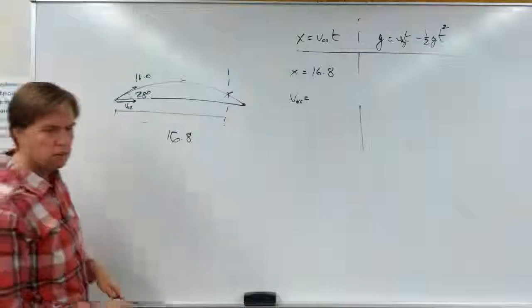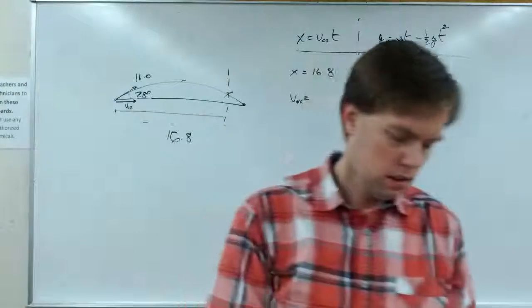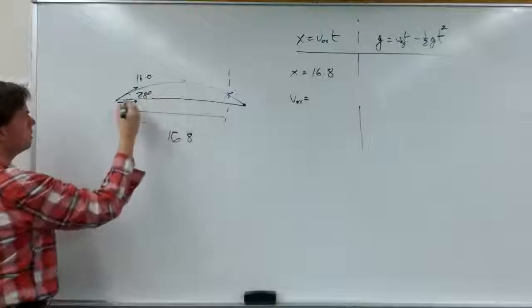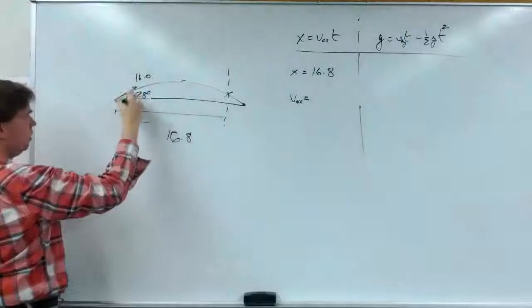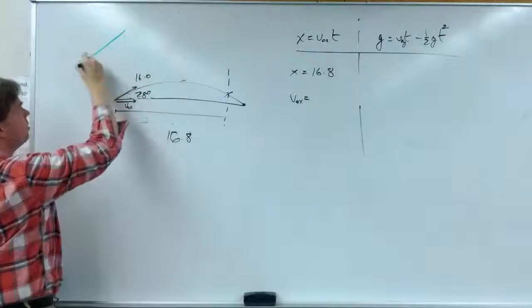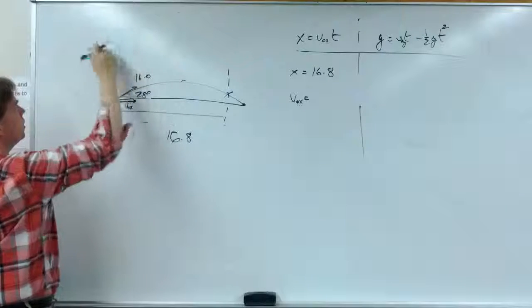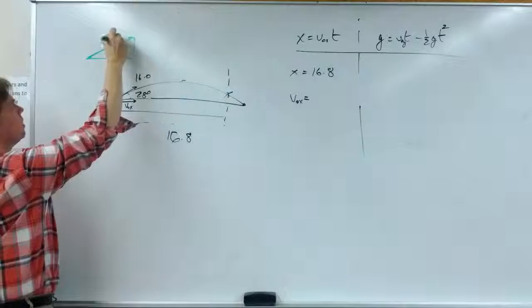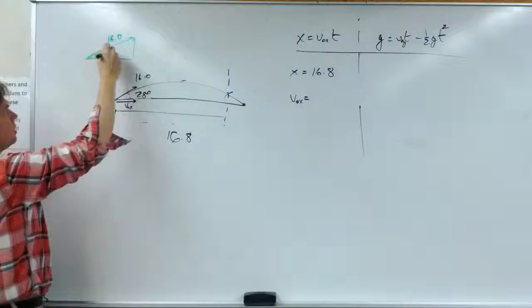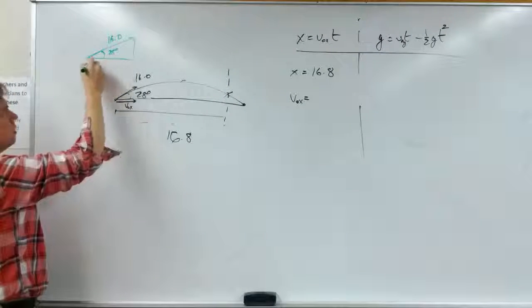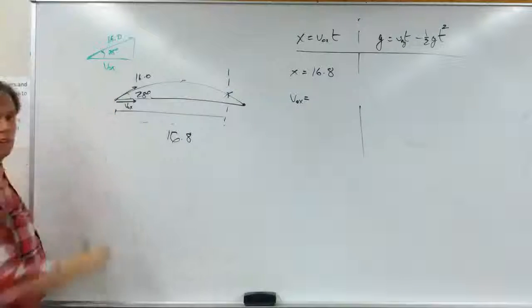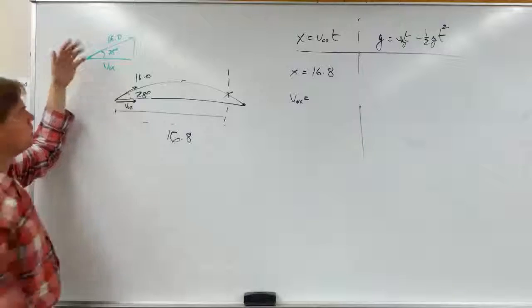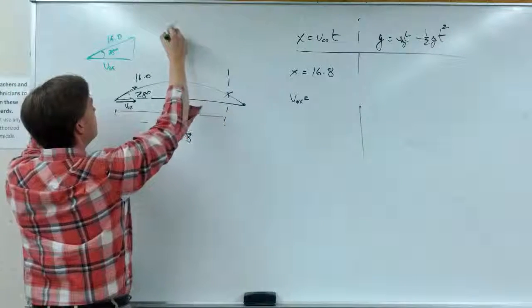So that means I need to pull out my trig. The way this is set up, I'm going to use cosine, but a way of verifying that is if I were to redraw this triangle. I know this is 16. This is the angle I'm given. Since the velocity component I'm interested in is adjacent to that angle, adjacent involves cosine.